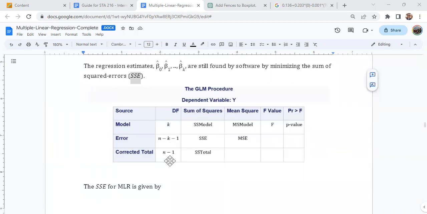You'll notice this ANOVA table has the same nice properties as one-way ANOVA, where you can sum down the column: K plus n minus K minus 1 gives you n minus 1. So you can always solve for one of the cells if you're missing one of the three. The same goes for the SS values: SS model plus SSE gives you SS total.